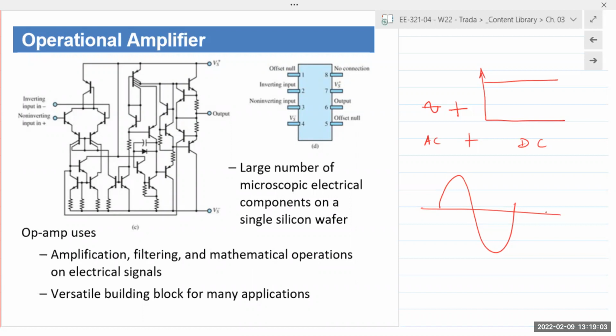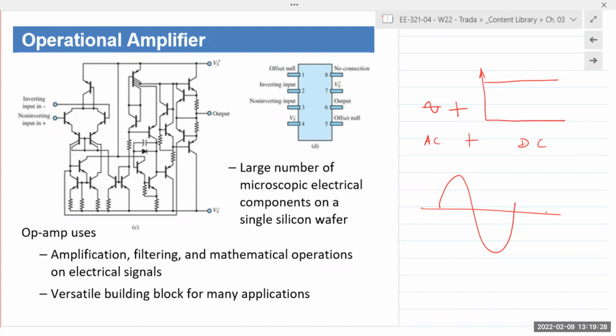The other major application for an op-amp is in filtering. So in EE201, you learned about passive filters, and they're passive because we simply use capacitors and inductors to filter out unwanted components. The reason they're called passive is because there is no active component in there. An op-amp is an active component, so we can use capacitors along with the op-amps to create an active filter. Okay, active filter.